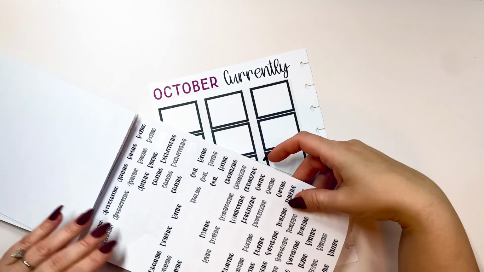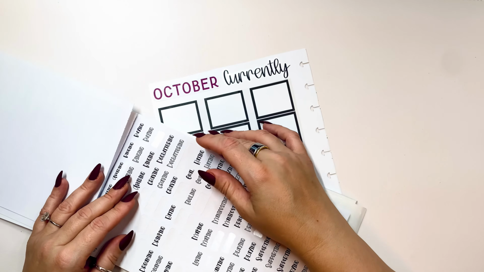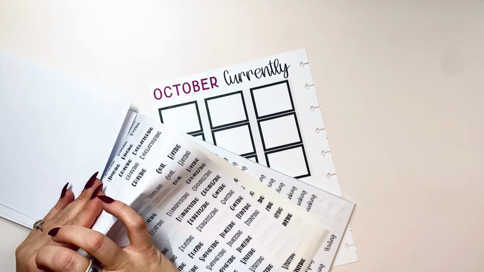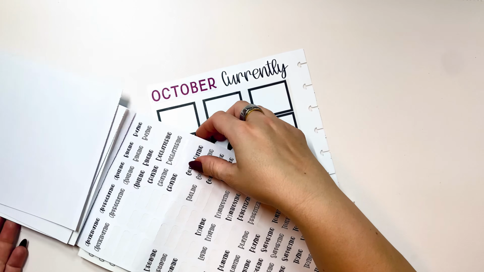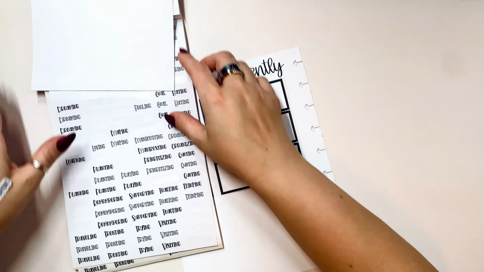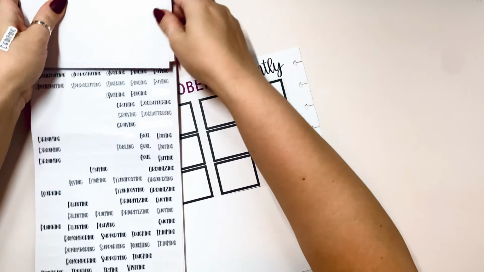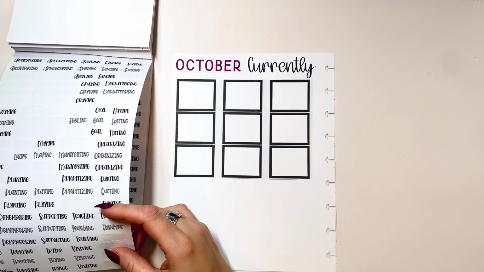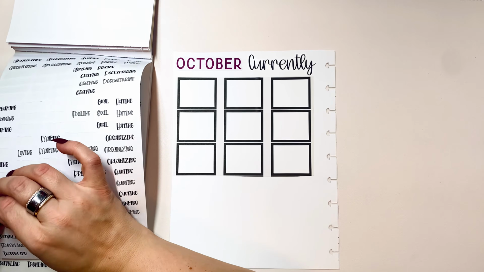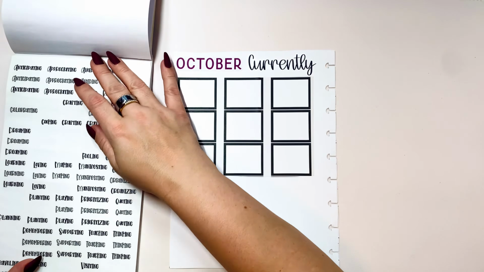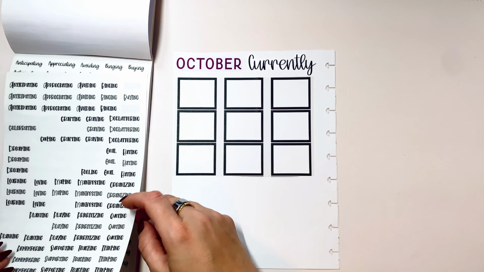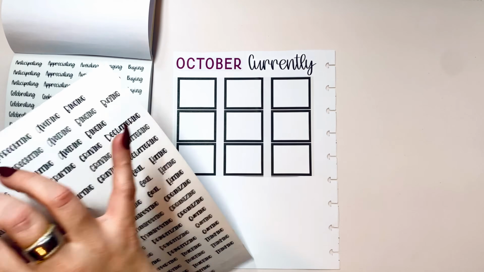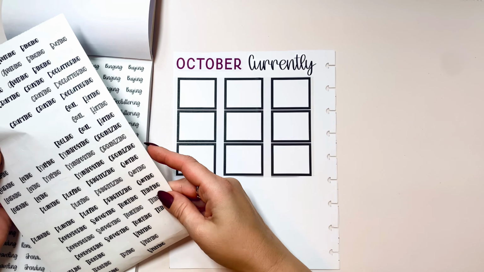I think I want this font, but I see that I have none of my regular eating, cooking, drinking type of stuff. So we're going to use some other quotes, or maybe I can write those things and we shall see. I don't think I have ever physically written my currently grid. So let's see what happens.